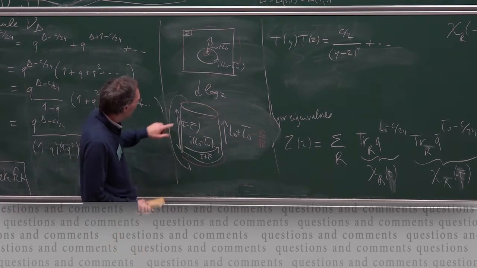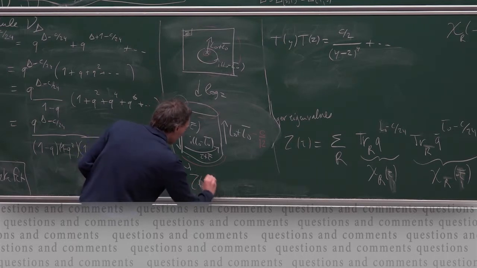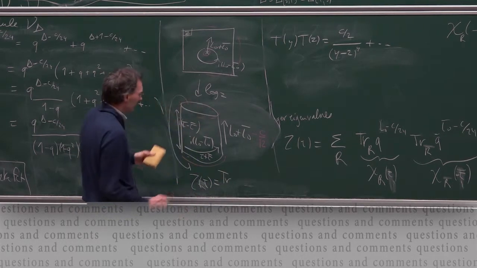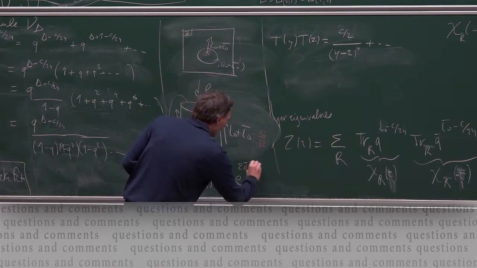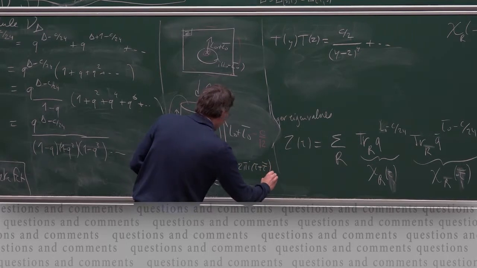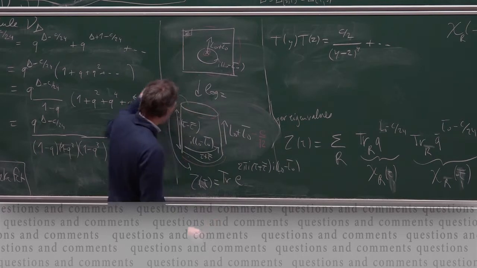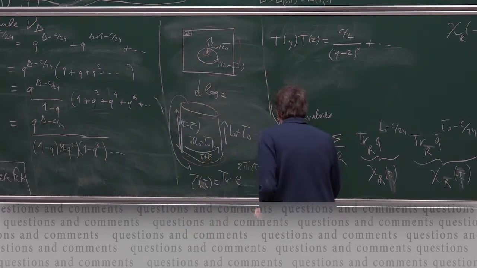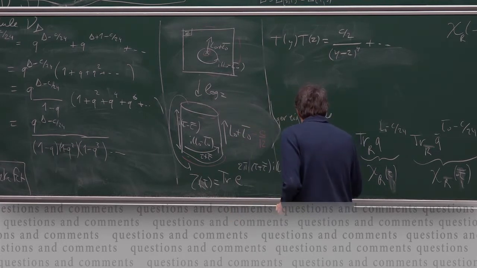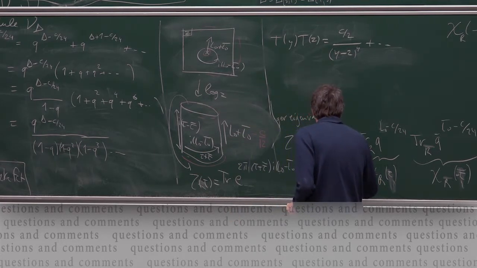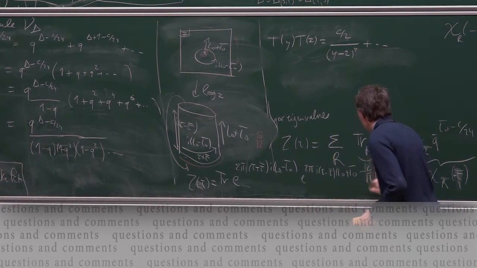Let's write a formula that's clearer. It's the trace of the operator exponential 2 pi i (tau plus tau bar) times i(L0 minus L0 bar), and then the operator that makes the translation, exponential of 2 pi (tau minus tau bar) times (L0 plus L0 bar minus C over 12).